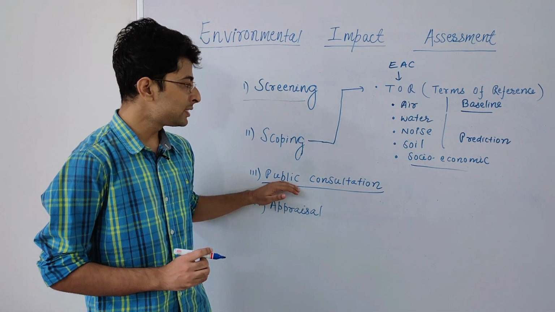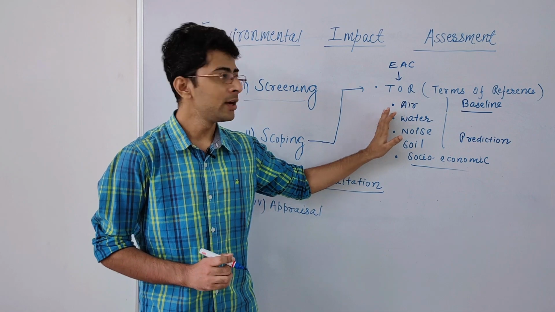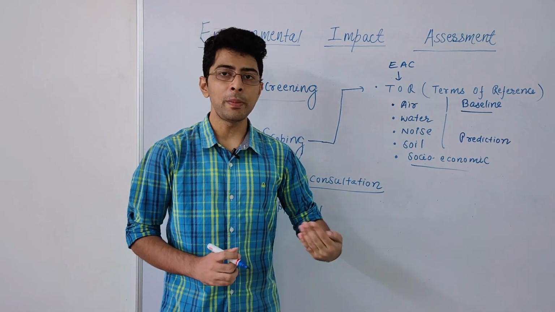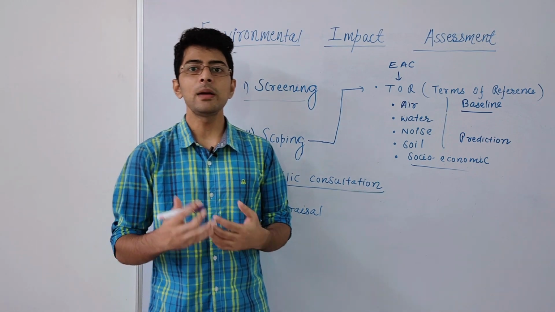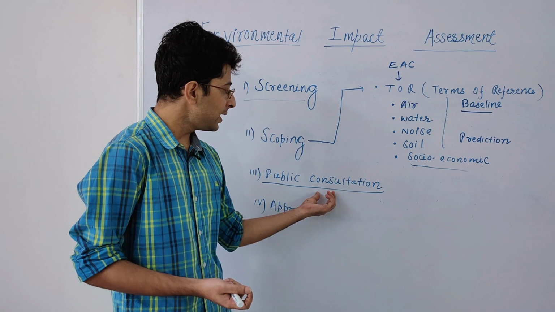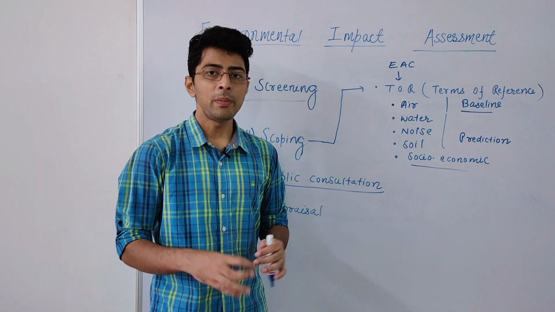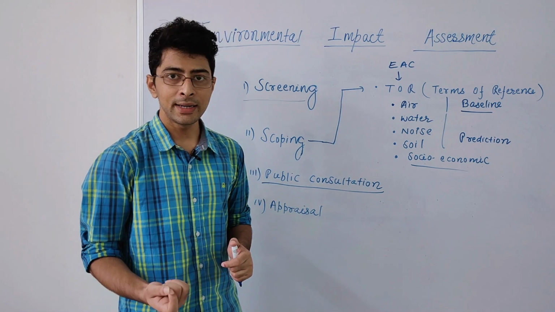So, in public consultation, all the studies which are done on the basis of TOR are made public. This also means that people can participate in the decision making, and public consultation has to be done with a prior notice of 30 days.